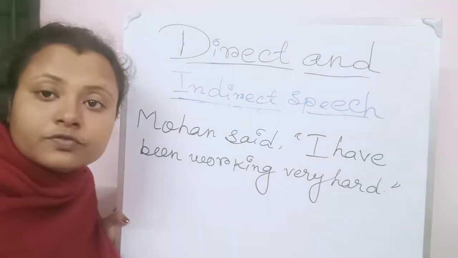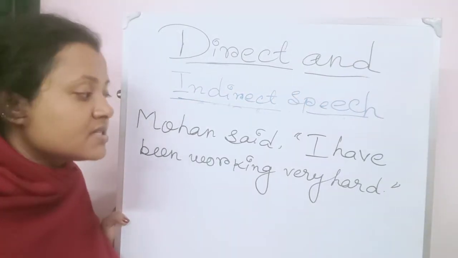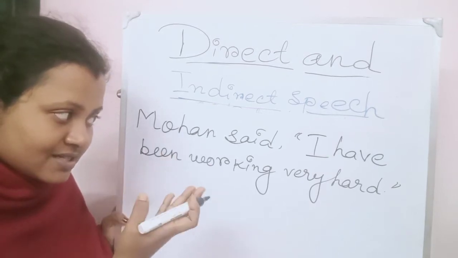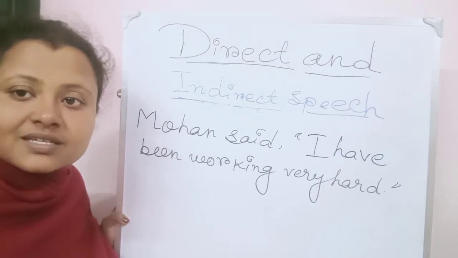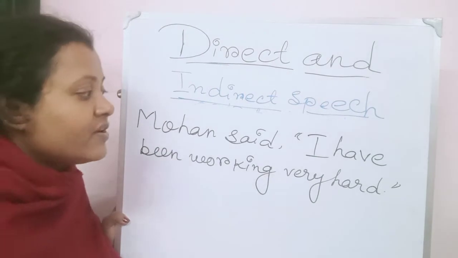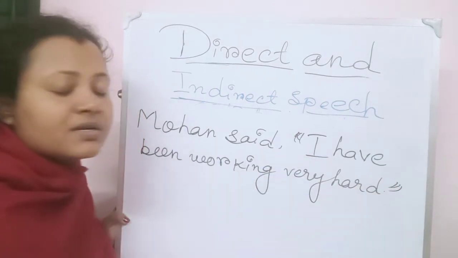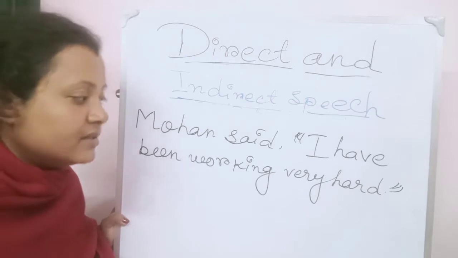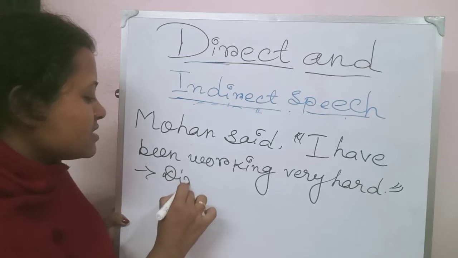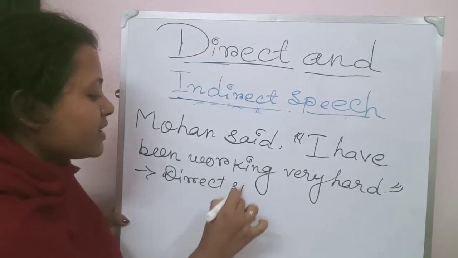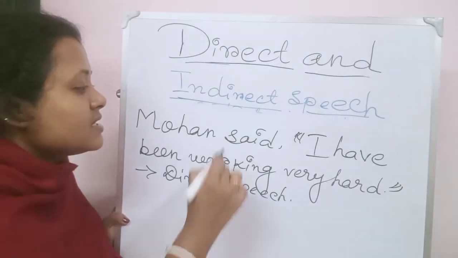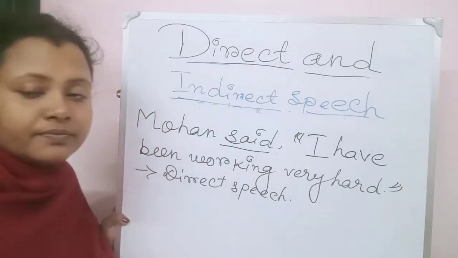So I told you, first you have to identify whether the sentence is written in direct speech or indirect speech. Obviously the sentence is written in direct speech, because inverted commas are there. The next thing you look for is the reporting verb and its tense.